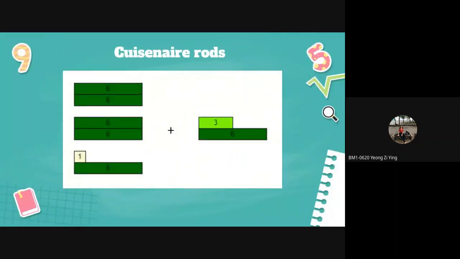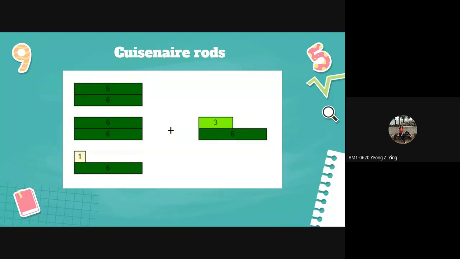Next, for the Cuisenaire rods, we will look at it. The first will be 6. The upper will be 6 and the lower will be 6 also, for two parts. After that, we will need to add on 1/6, which means 1 rod on the top and 6 rods at the bottom.